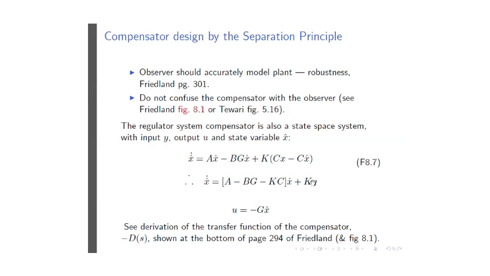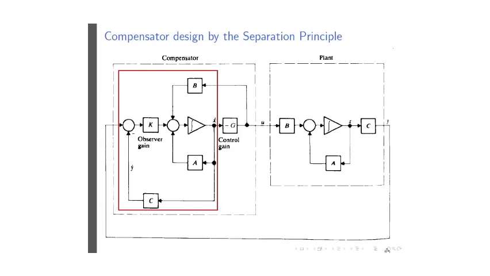Even though Friedland doesn't actually write down these two equations in this form, he does discuss it, but he discusses it in the S-plane, unfortunately. And in doing that, he actually derives the transfer function of the compensator, and he calls that minus ds. And this is shown at the bottom of page 294. So please just take note of that, and when you do, keep in mind figure 8.1, which is the figure that we've discussed a little bit earlier.